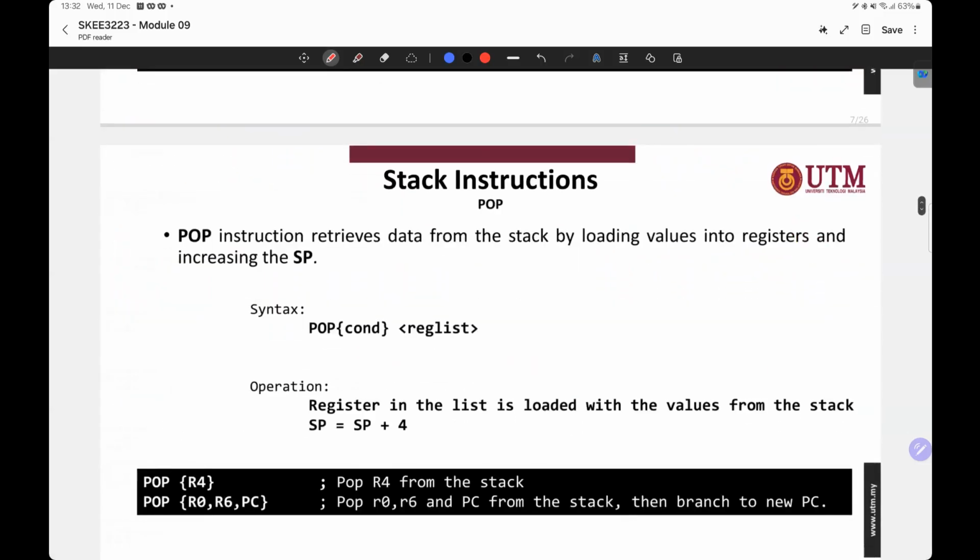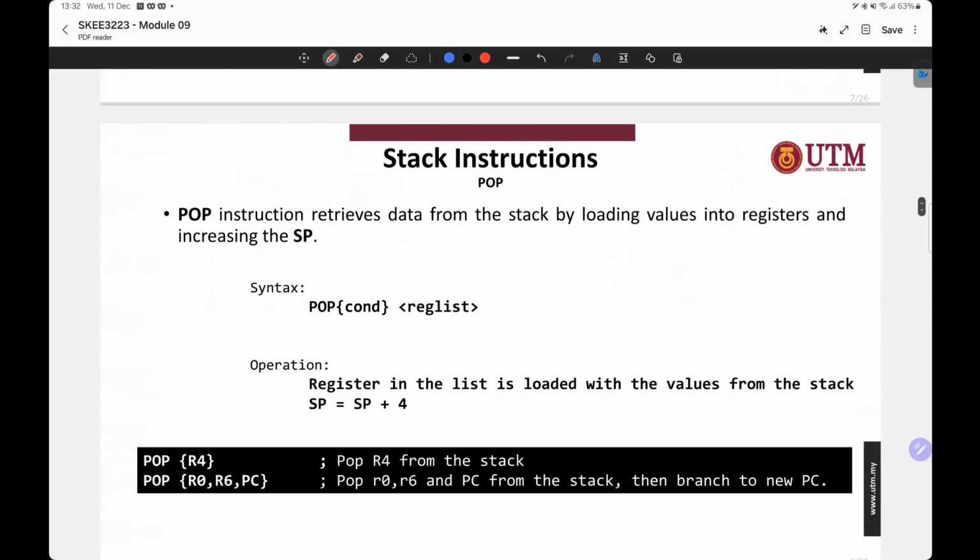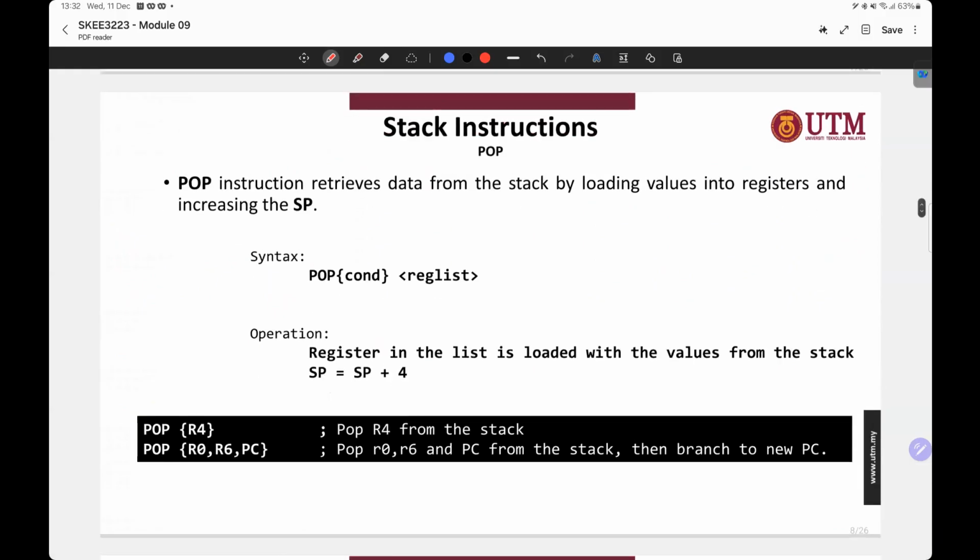Now we're going to look at the pop instruction. The pop instruction retrieves data from the stack by loading a value into a register, and after that, it increases the stack pointer. The syntax is POP register list. In the register list, you could put any registers, then you're going to pop the value from the stack memory to your register.